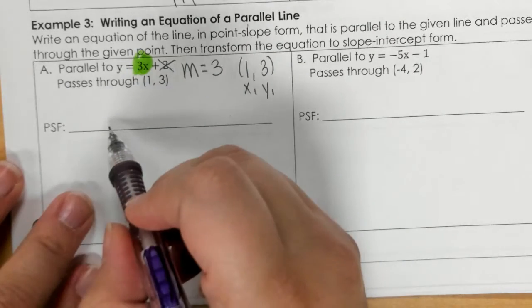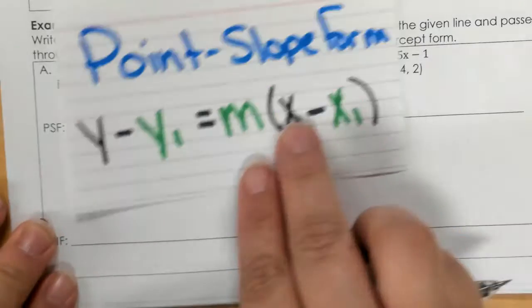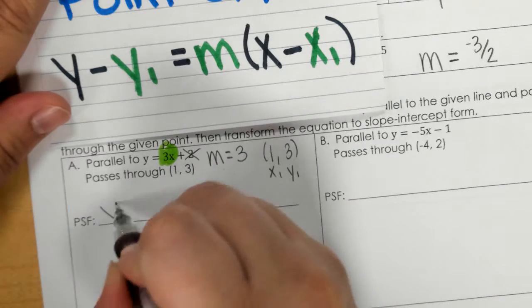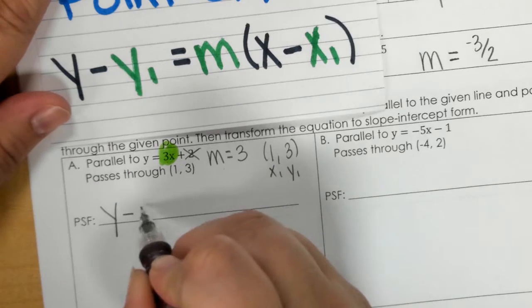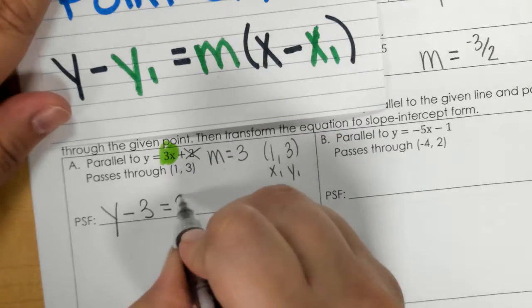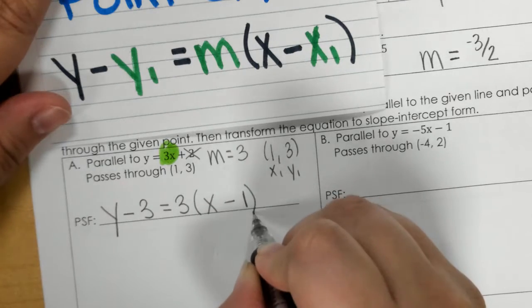If I plug into point slope form, you have to remember this is point slope form. We would say y minus y1. Well, y1 is 3. M is also 3. And then x minus x1, x1 is 1.